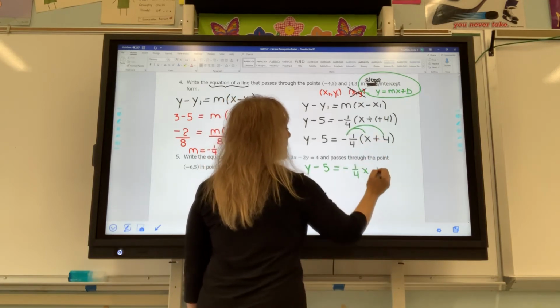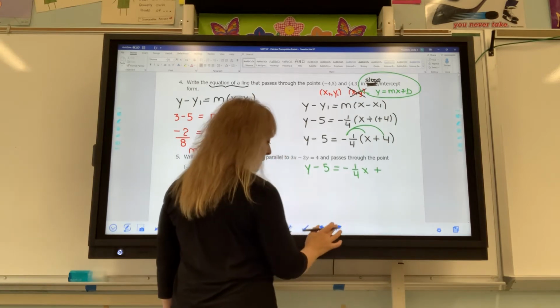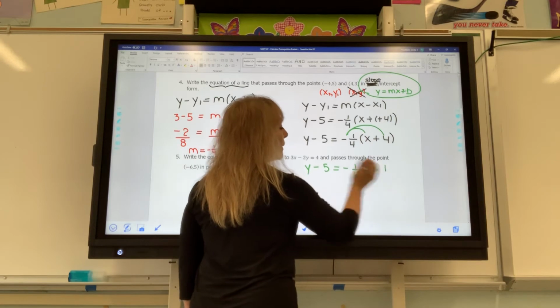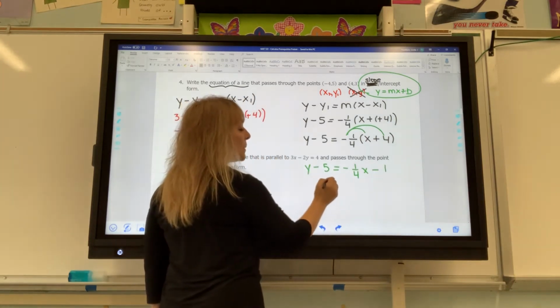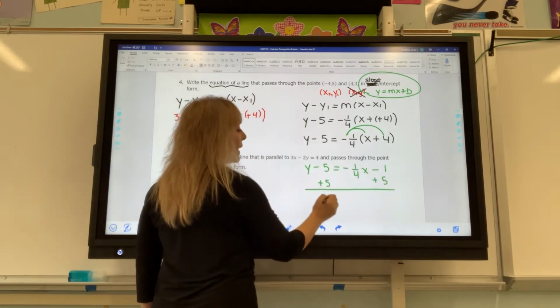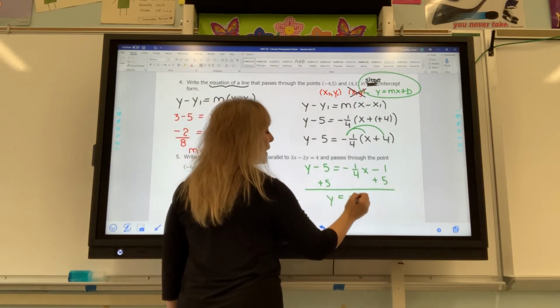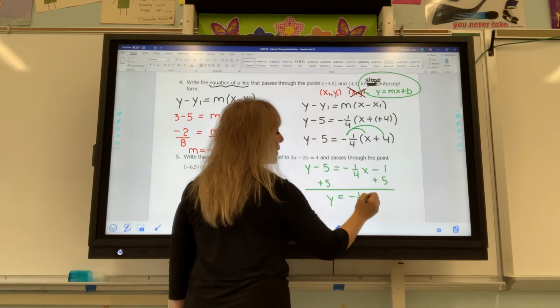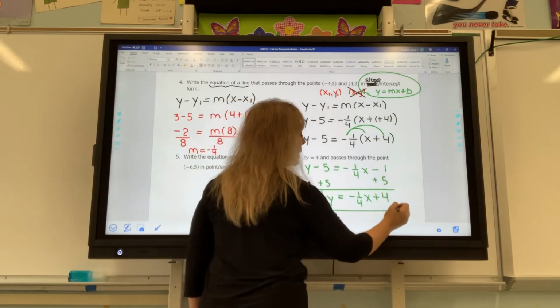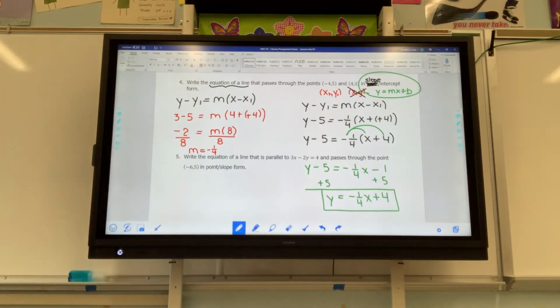And I'm going to get -1, and then I'm going to add 5 to both sides and get y equals -1/4 x plus 4. This is the answer that they are looking for in question number 4.